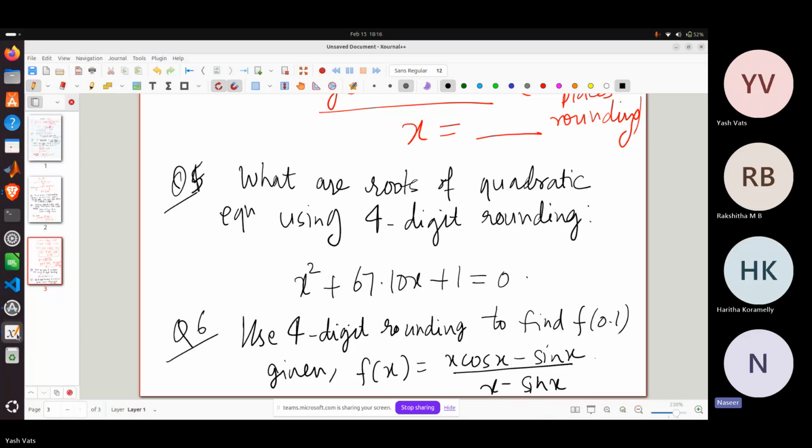Should we round off every approximation to 4-digit or only the final answer? You need to approximate the final answer. In between, whatever is going on, you don't need to do this. Only the final answer. Okay, thank you. Just try that.